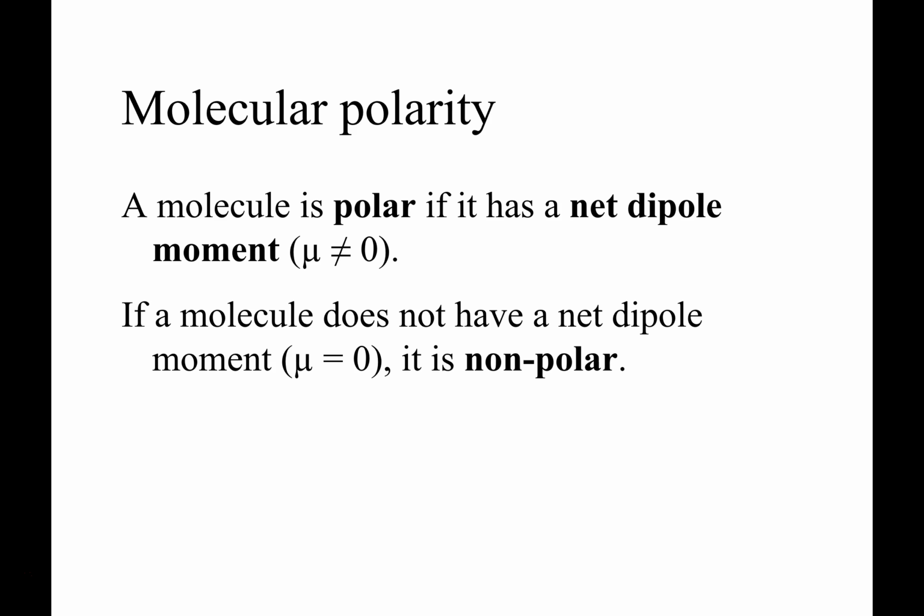It's a spatial thing, right? Centers, partial positive, partial negative, do not coincide. And then remember that your net dipole moment here is going to be drawn as a vector, or we can do partial positive to partial negative. That's the net dipole moment.